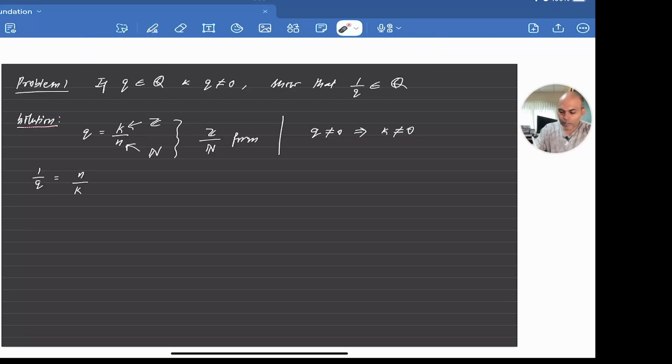And now it looks like we have an n over z form. So q is in the z over n form, so if we take the reciprocal, it looks like we have a number that is in the n over z form.